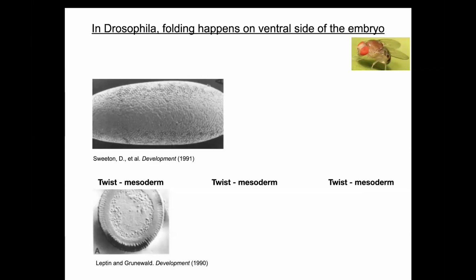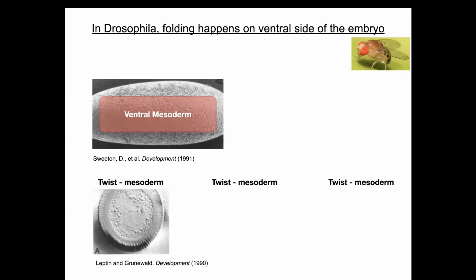This is an ellipsoidal shaped embryo, kind of like an American football. And at this stage, which is about 2.5 hours into development, you can see that the surface is relatively smooth. What will happen with an embryo like that is that the ventral side of the embryo, the ventral cells, internalize in a process known as gastrulation.